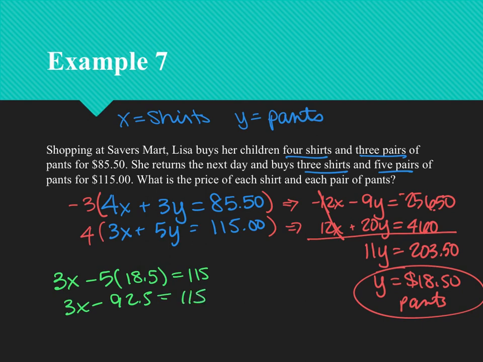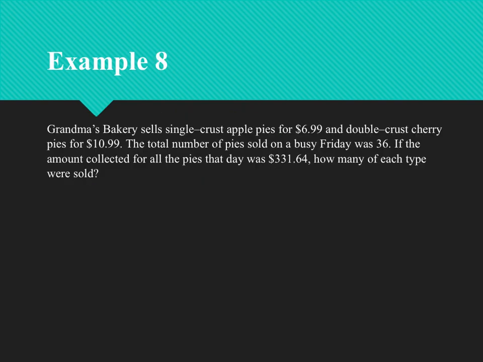When I subtract 92.5 from both sides, I end up with 3x equals 22.5, or x equals $7.50 per shirt.